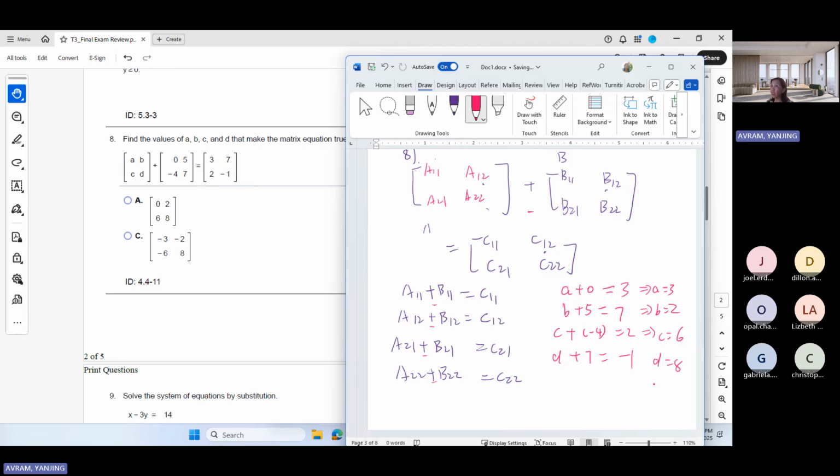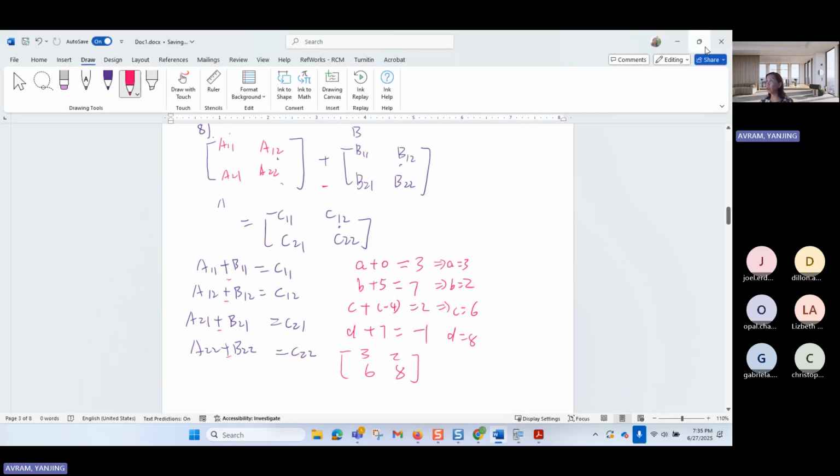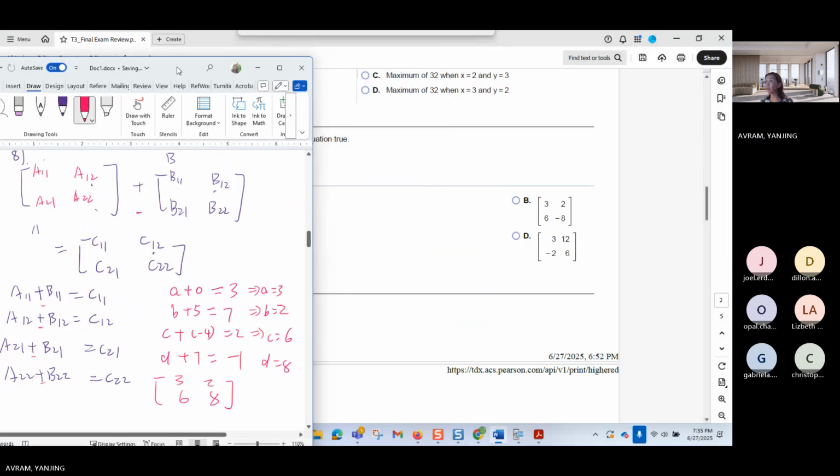And then you write down in the ABCD form, okay? So we write down this one. A here is 3, 2, C here is 6, right? You write down in the position, and then D here is 8. All right, and then you go to choose your correct one, okay? Trying to see if you can choose your correct one in here.